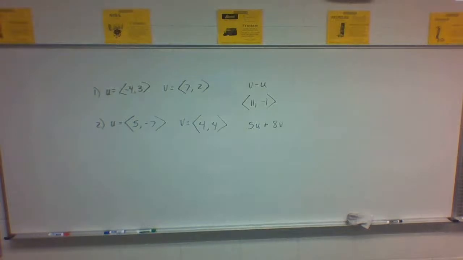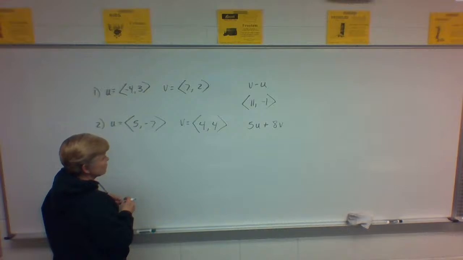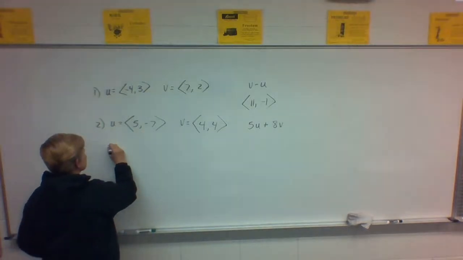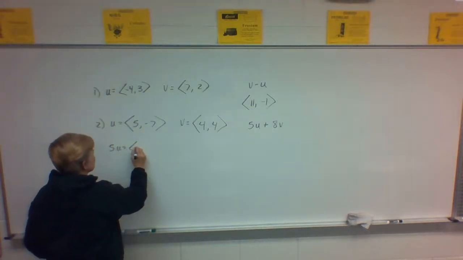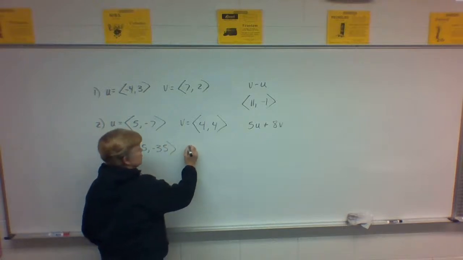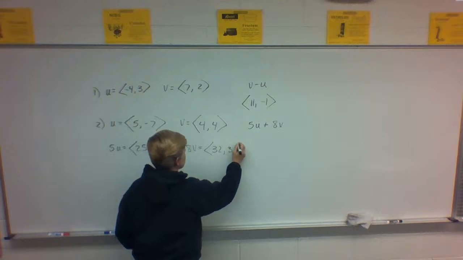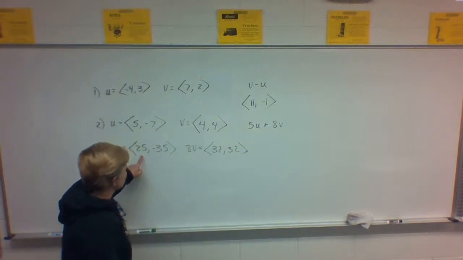To do that, if I were you, because this is a test, I would slow it down and think about it better. I would take 5 times u. 5u is 25, negative 35. 8v is 32, 32. So these numbers get pretty big. And then just add them together.